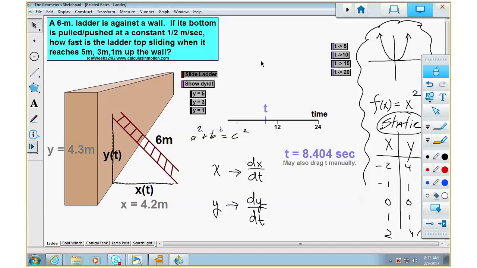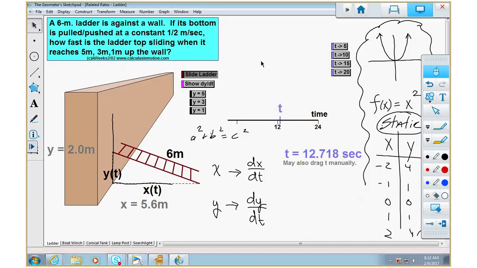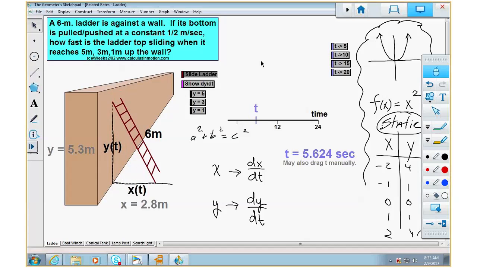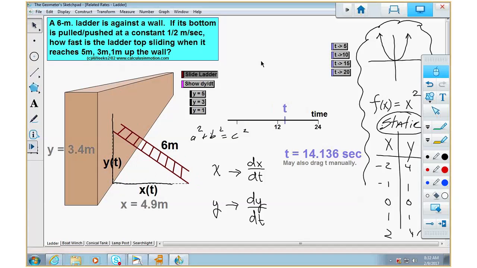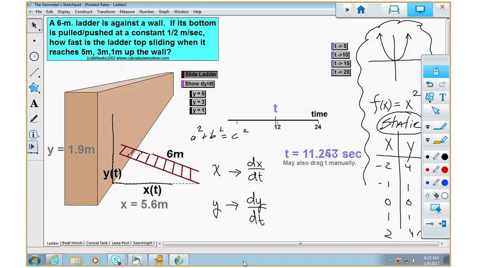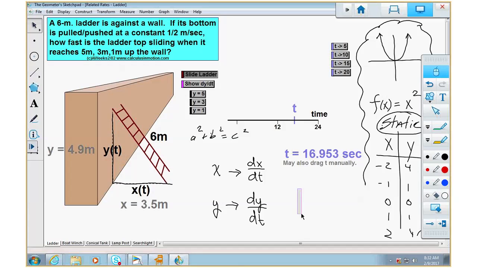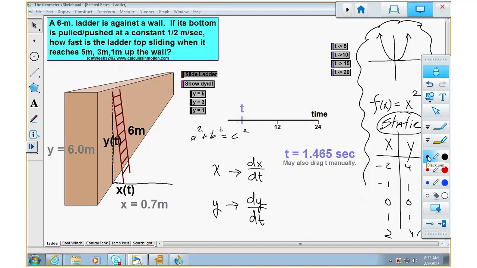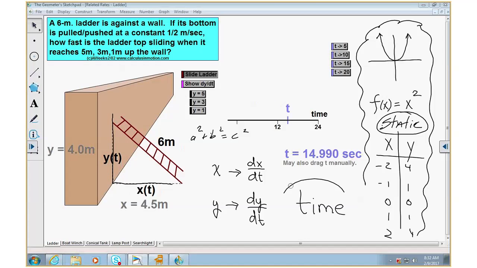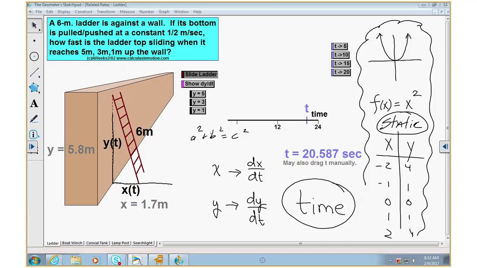As soon as we apply motion to X and Y, we've got to worry about dx dt and dy dt. Now, we are bringing in that dreaded variable of what? Time.